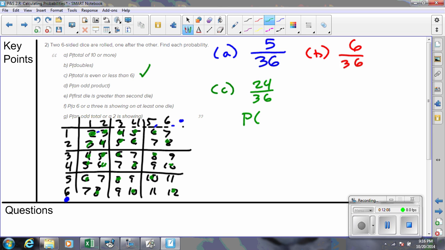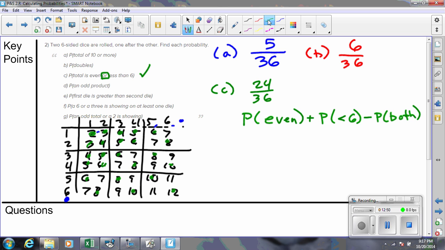We had a formula that would say whenever you've got an or problem, it's the probability of the first, the total is even, plus the probability of the second, but then we have to subtract off the probability that it gets both. And we saw that this was a formula that was true based on Venn diagrams. We're just showing a second way to do this problem.